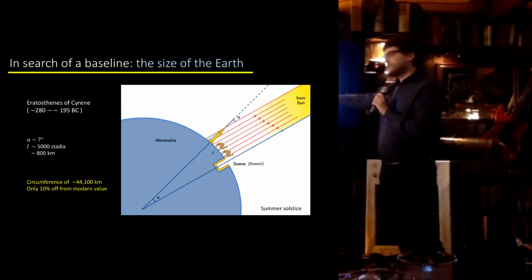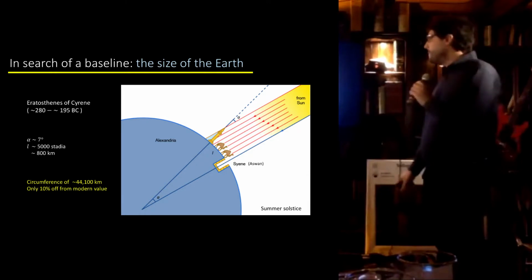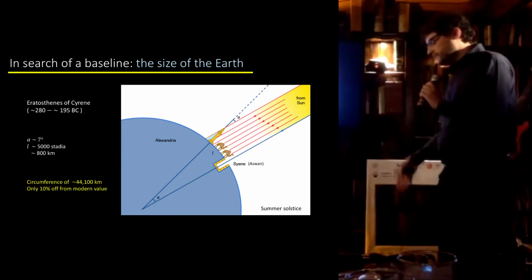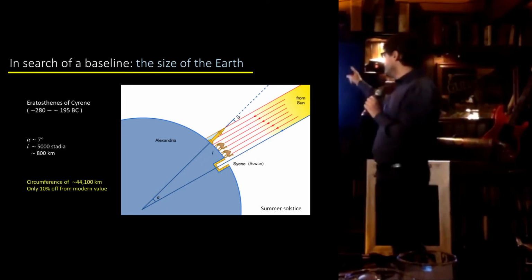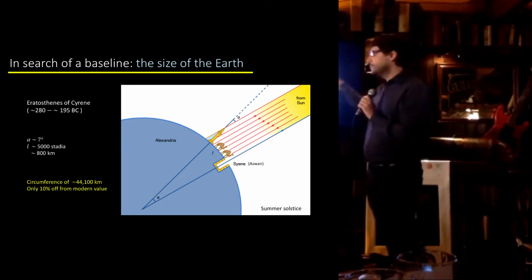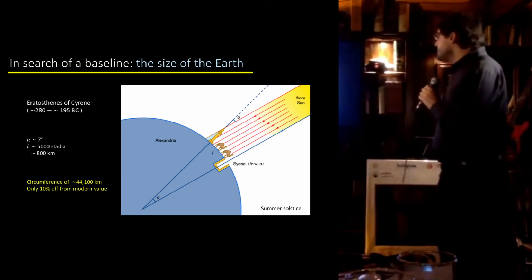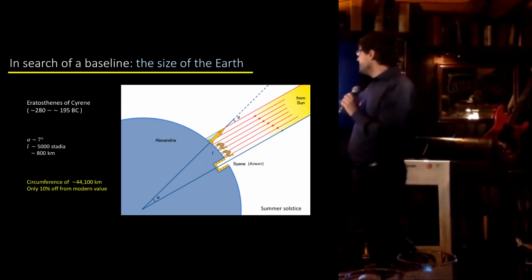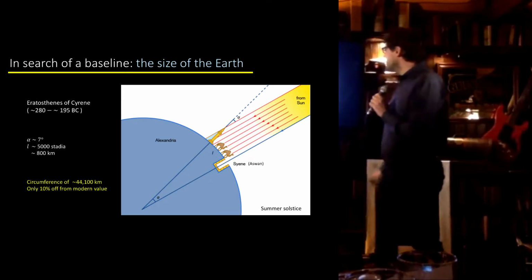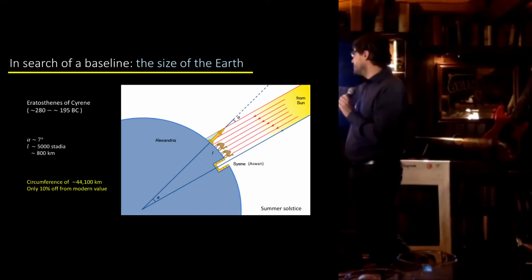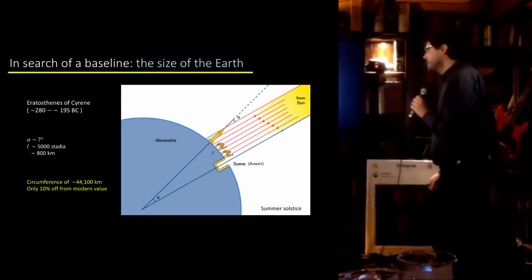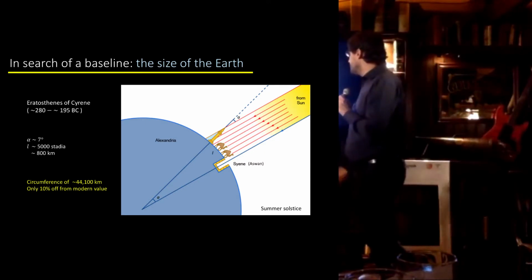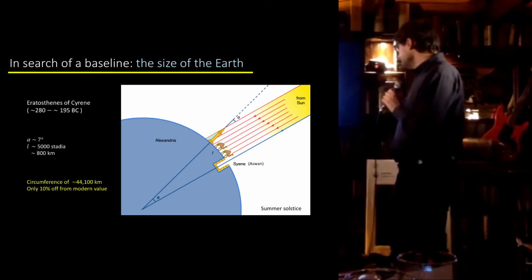By the way, this city is the modern Aswan in Egypt. Essentially, the sun was at the zenith, so that if you looked into a deep well, you would see the light rays of the sun go down to the very bottom. Assuming that the sun was very far away, he used another position on Earth and looked at the shadow that a vertical object, one of the first instruments in astronomy called the gnomon, would make at exactly the same date and time.